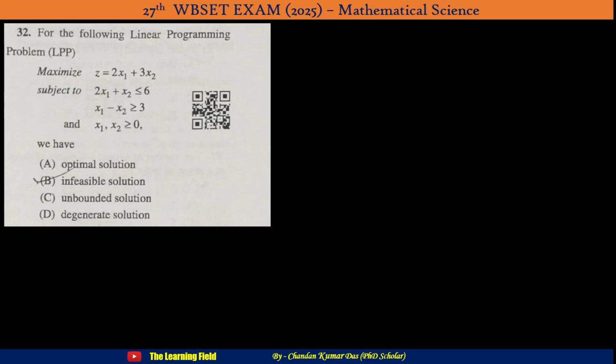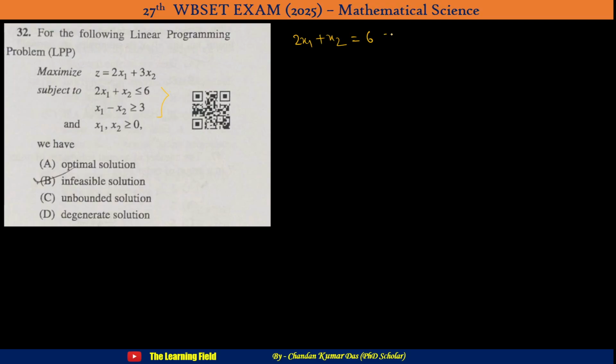It says that for a linear programming problem, z equal to this, subject to this, we have this. So simply we can draw the graphs by putting these two constraints. The constraint is 2x1 plus x2 less than or equal to 6.